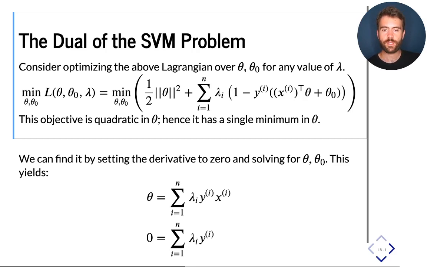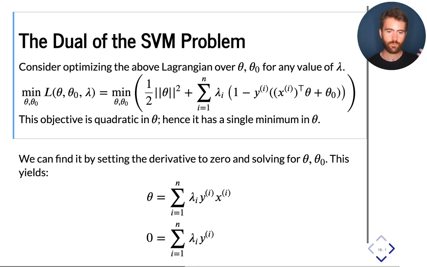We can take the derivatives of this quadratic function, set them to 0, and then solve for theta. If we work out the math, and I'm not going to work it out in these lectures, it's just straightforward calculus and algebra, we set the derivative to 0.